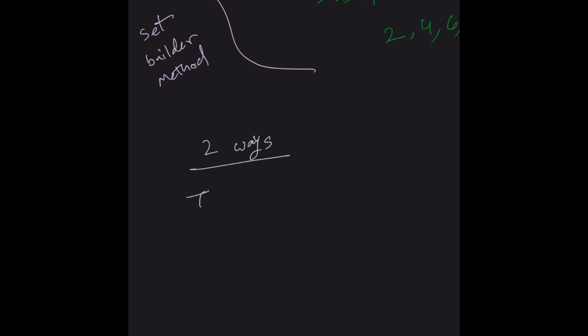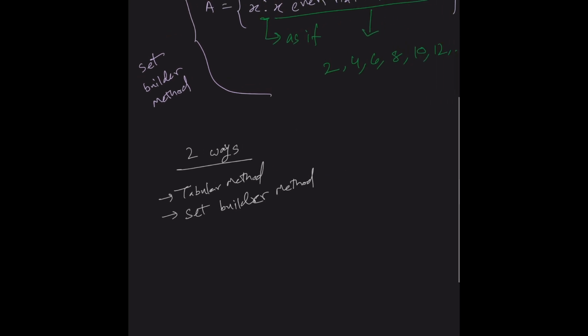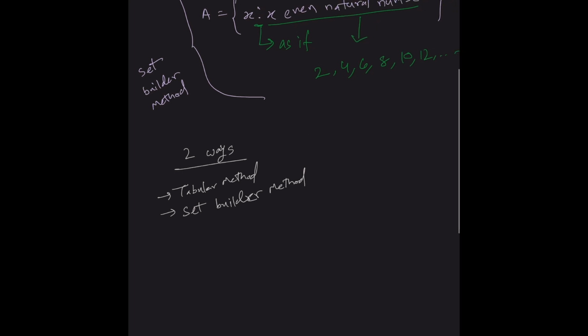One is the tabular method, and another is the set builder method. Remember that these elements are definite, defined, so that we can clearly understand what this set consists of.